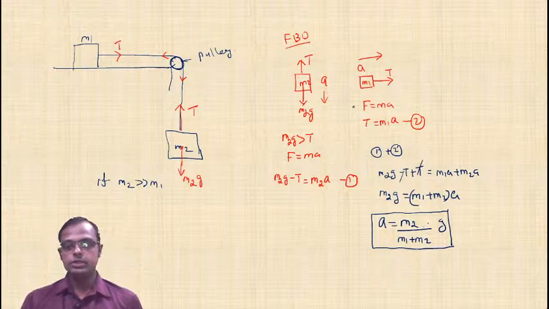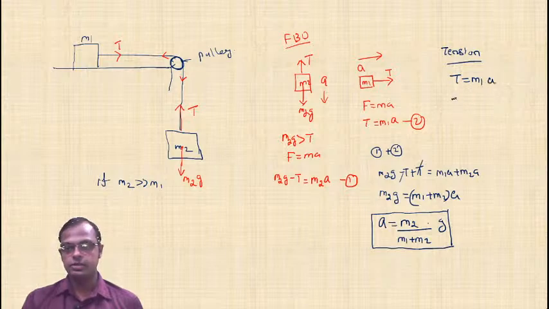Now the next question is, what is the tension? As you already know, tension we have written already. Tension T is equal to m1a. So tension is equal to m1 times, now acceleration is the same only, no? So acceleration is equal to m2g divided by m1 plus m2.